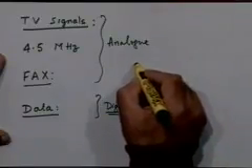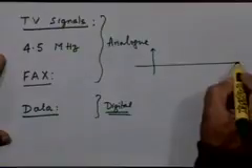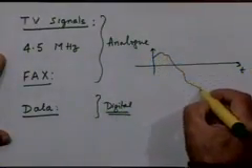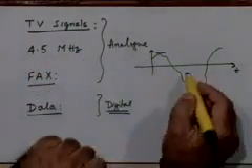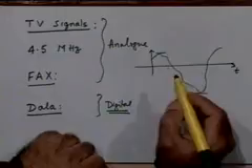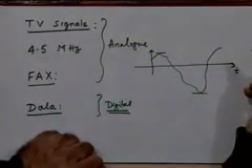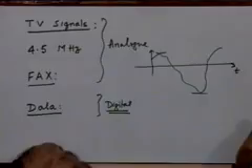So by analog, basically what we are saying is that if you look at the signal as a waveform, as a function of time, there is a continuum of ranges of amplitude. The amplitude of the signal at a given point in time can be any real value, right? Theoretically any value from minus infinity to plus infinity, but even practically any value from, let's say, minus k to plus k, right?